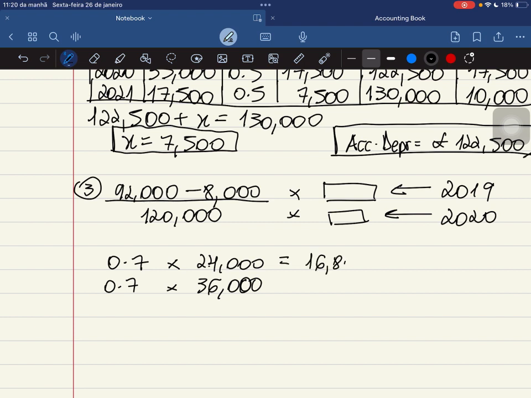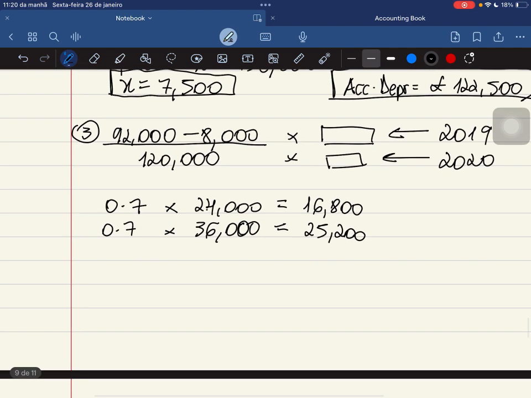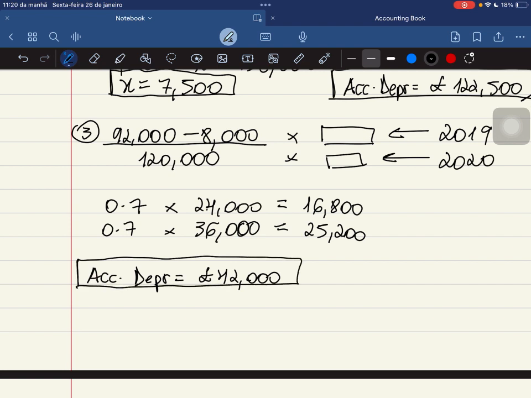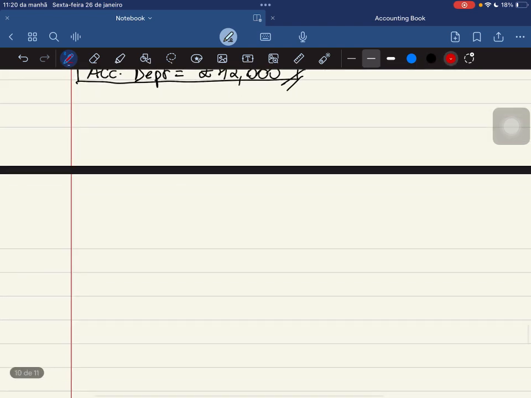We get 16,800, and we get 25,200. So my accumulated depreciation is going to be the sum of both of these, and I have 42,000. And this is letter A.